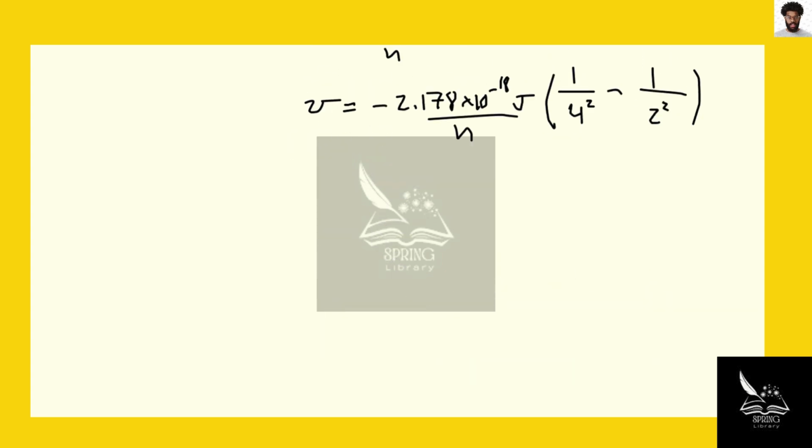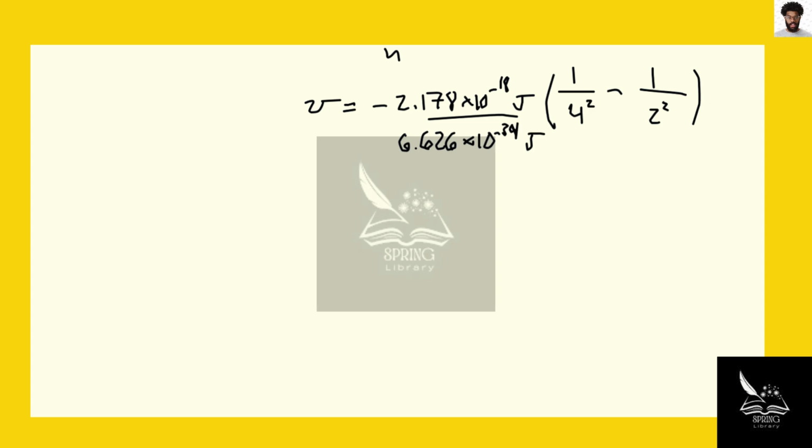Okay, and recall that Planck's constant, and the units that we need it in, is going to be 6.626 times 10 to the negative 34, and that's joules.